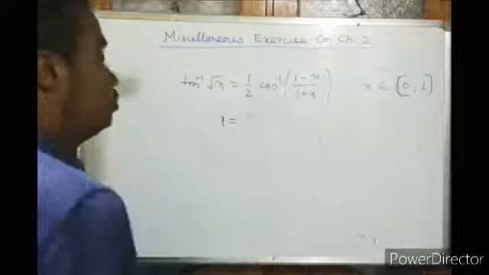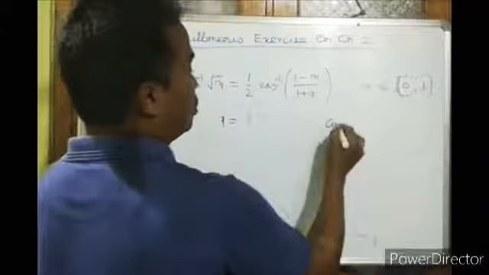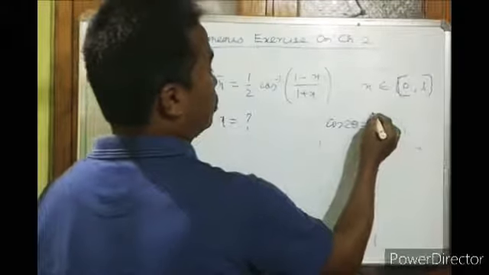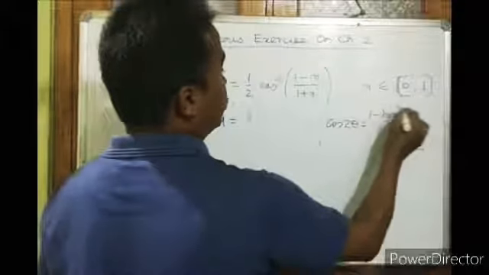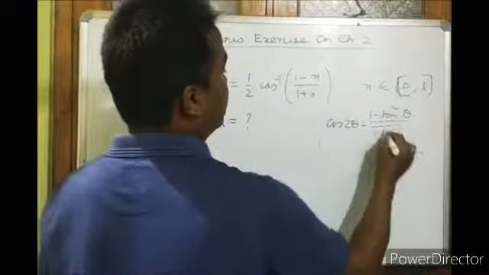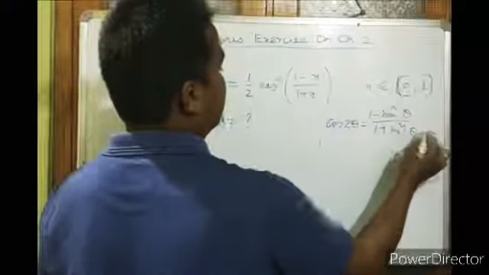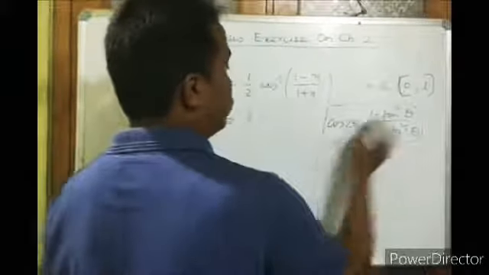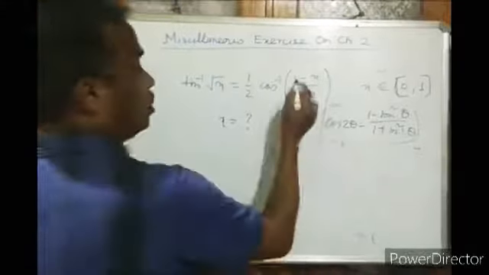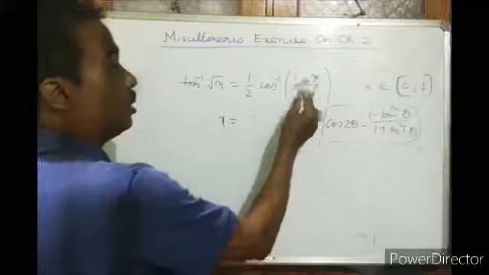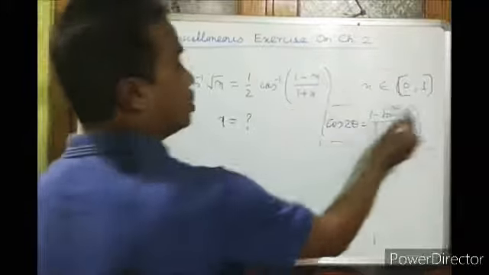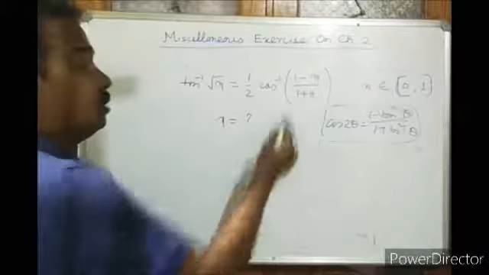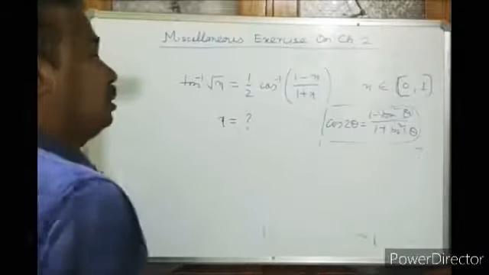We have the formula cos 2 theta is equal to 1 minus tan square theta divided by 1 plus tan square theta. You have to recall these formulas. So it can be compared with this formula. In place of x, if we substitute tan square theta, then it becomes 1 minus tan square theta divided by 1 plus tan square theta.